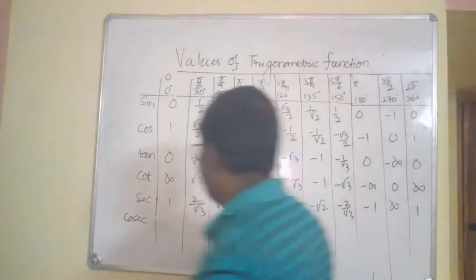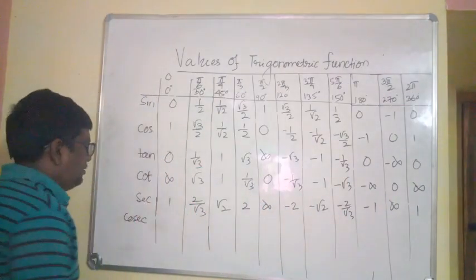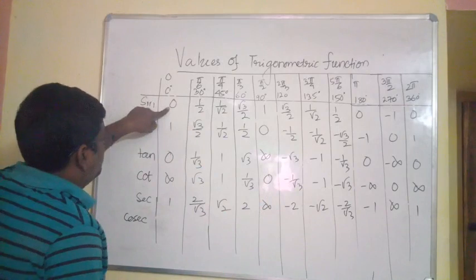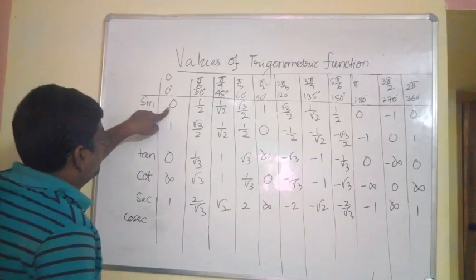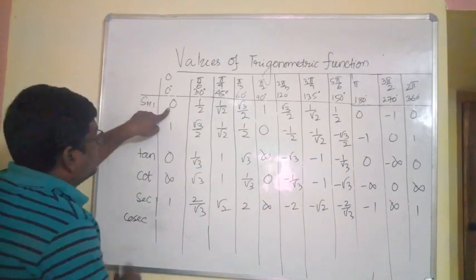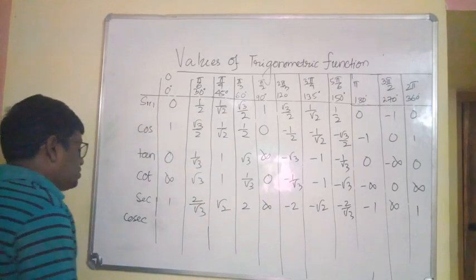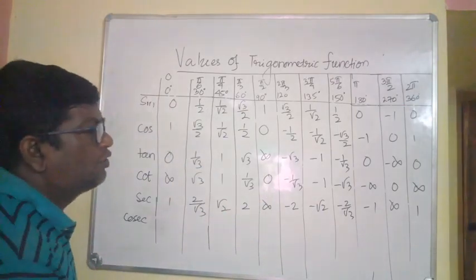And cosec is the reciprocal of sin. Sin theta equal to 0, cosec theta equal to 1 by sin theta.